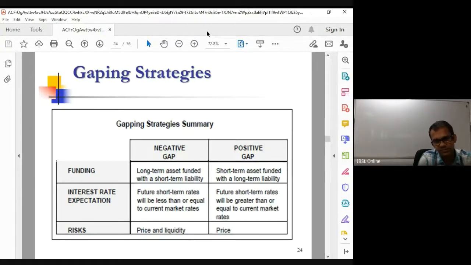Then you can see the mismatch, whether there's a positive gap or a negative gap in that bucket. That's how you identify it, if you have that information. But definitely you may not get that information about outside parties, other institutions.